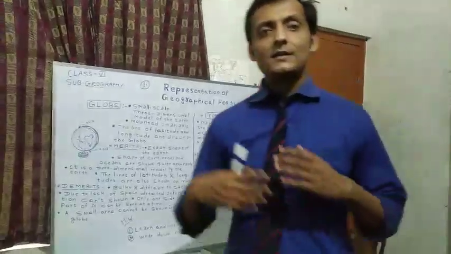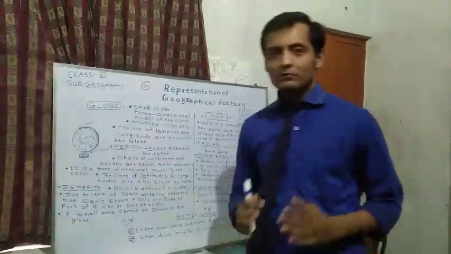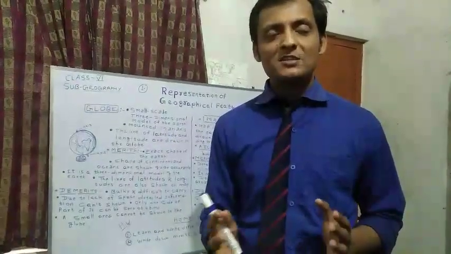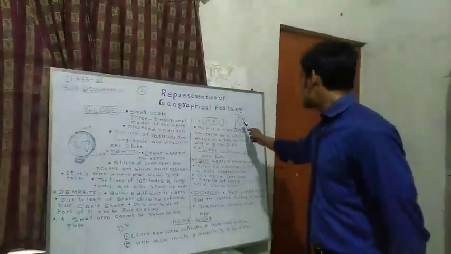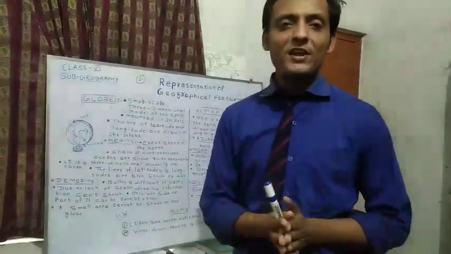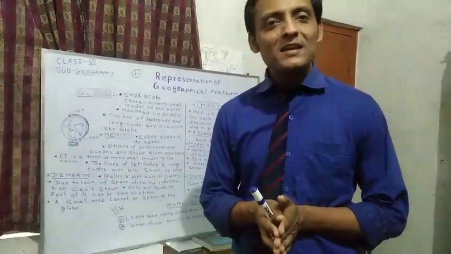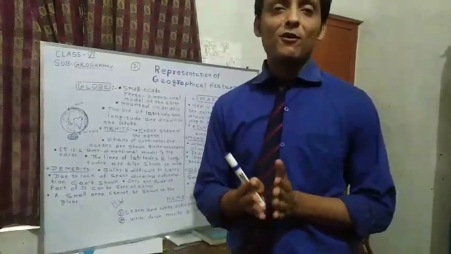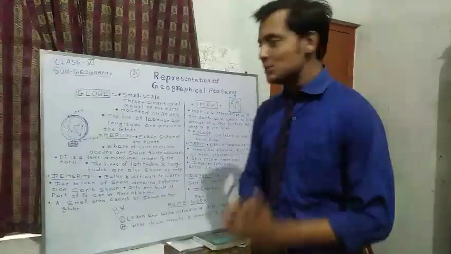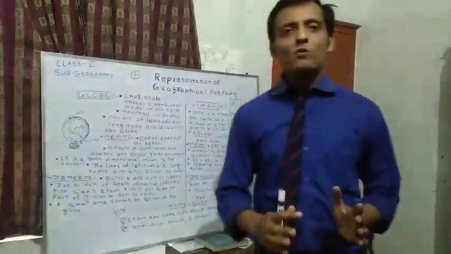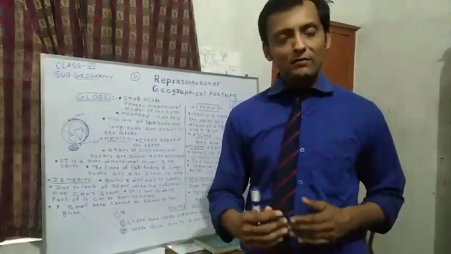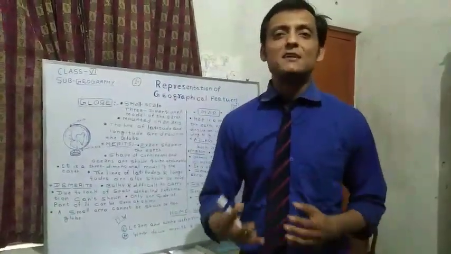Unlike the globe, which was very difficult to handle because it is bulky, maps can be folded easily and carried from one place to another. Another thing is that they are easy to store. We can keep a map anywhere, and we can even transform it into a digital form.